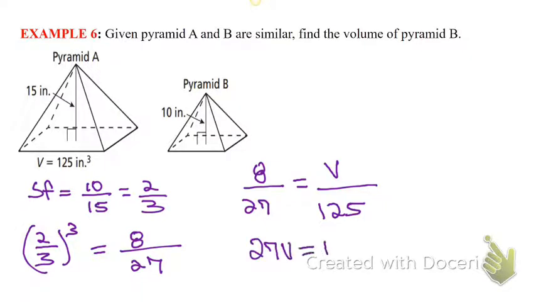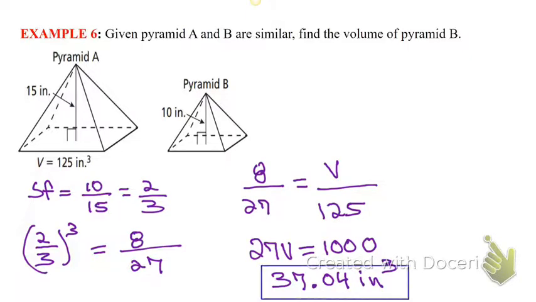So you can cross multiply, and you get that 27 times the volume is equal to 1,000. Divide by 27, and you end up with 37.04 cubic inches. Don't forget that you have to cube the scale factor of linear measurements in order to see the scale factor of the volumes.